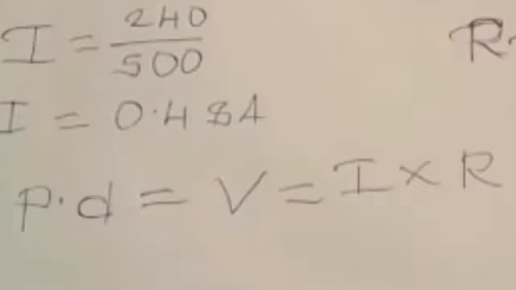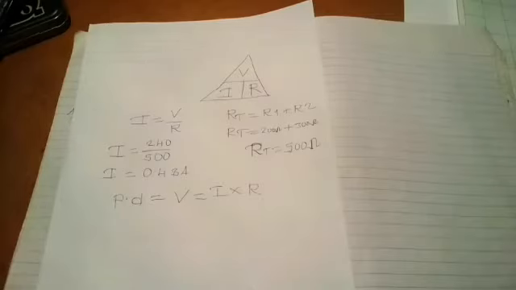So it will be like this. So what is our voltage? We should note that the voltage in series is the same. The voltage in series does not change. The voltage in parallel can be different, but the voltage in series is the same.